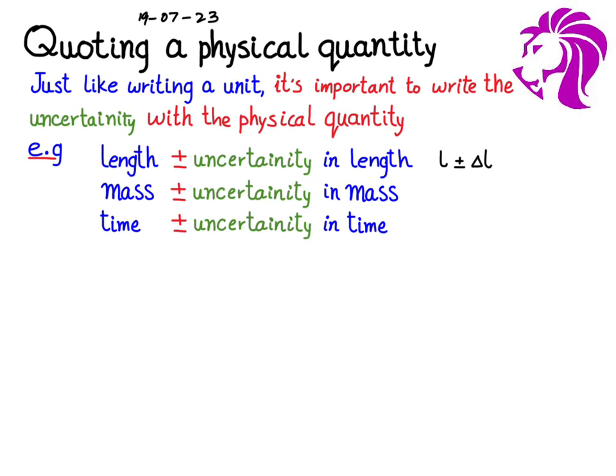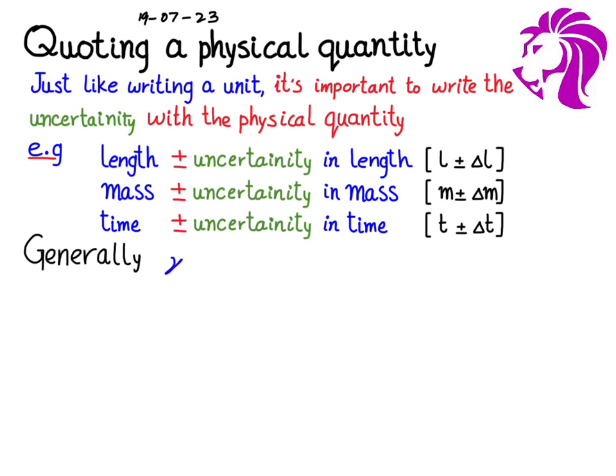So it's length plus delta length. It's mass plus delta mass. It's time plus delta time. So this delta mass, delta length, delta time, what are these? These are the uncertainties in these physical quantities. Delta L is the uncertainty in L. Delta M is the uncertainty in M. Delta T is the uncertainty in T. This delta L, delta M, delta T is also known as the absolute error, absolute uncertainty.